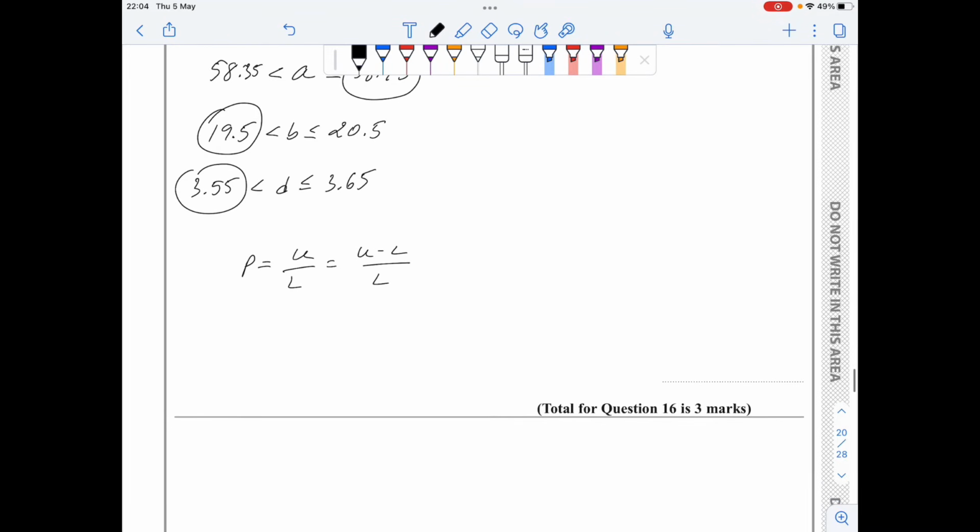Let's substitute these values in. So I've got 2 times 58.45 minus 19.5 over 3.55, and this comes out to be 27.44.